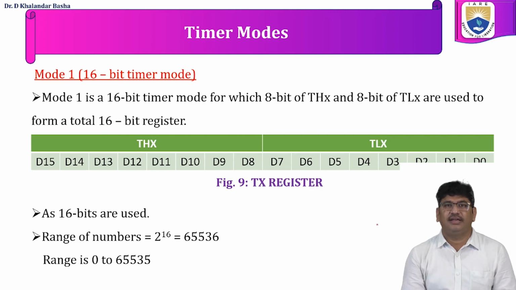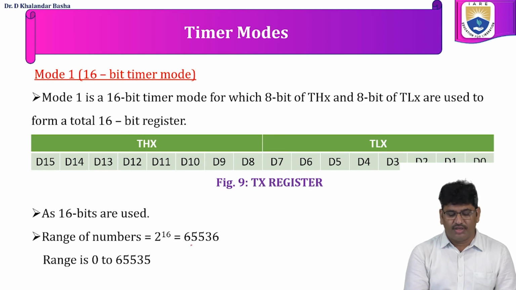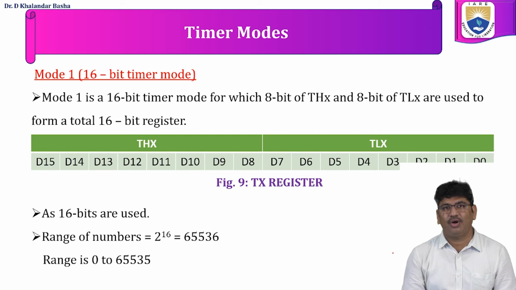As it is a 16-bit timer, the functionality is the same as that of mode 0. The only difference is how many bits we are using for timing or counting purpose. As 16 bits are used, the range of numbers we can have is 2 to the power of 16, which will give us 65,536 maximum counts.